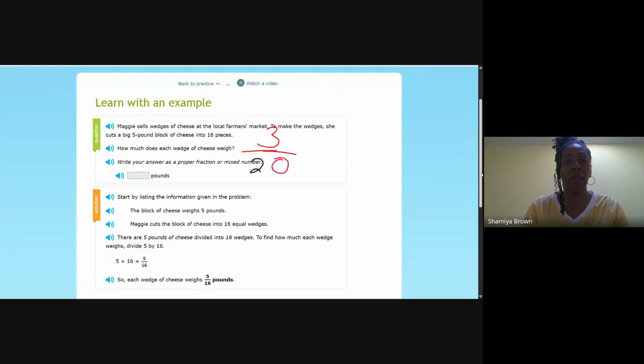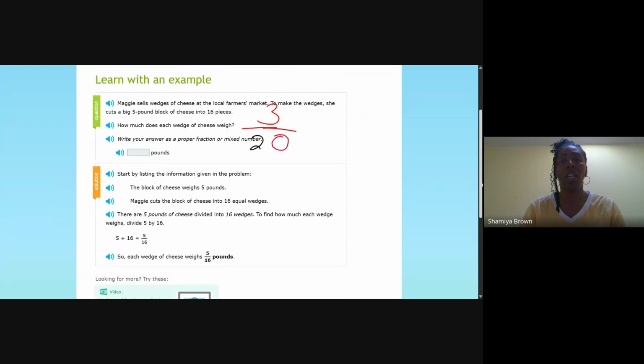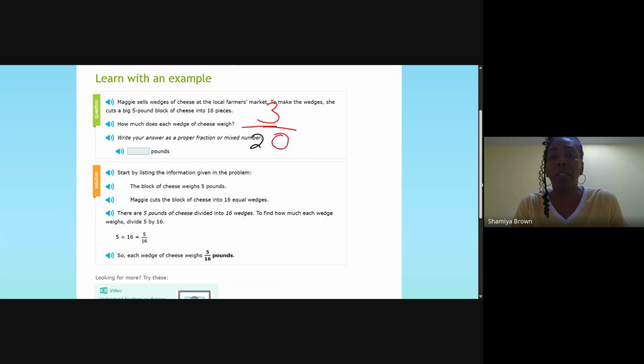So this one says Maggie sells wedges of cheese at a local farmer's market. To make the wedges, she cuts a big 5-pound block of cheese into 16 pieces. How much does each wedge of cheese weigh? So she cuts a big 5-pound block of cheese into 16 pieces.